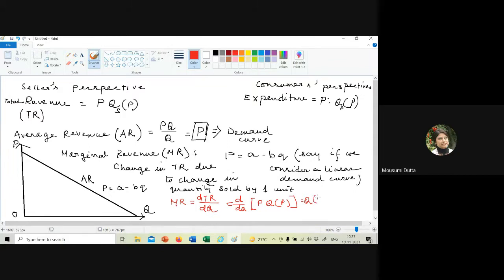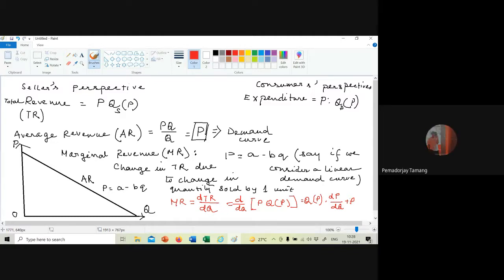Q is definitely a function of P. I may not explicitly write this because we are understanding. Am I right? Plus, what will I write? P. Everybody is okay with this?